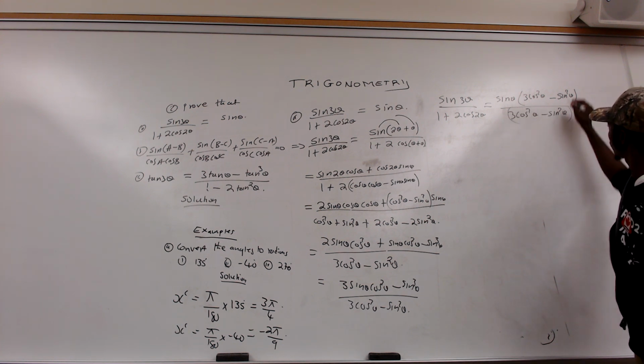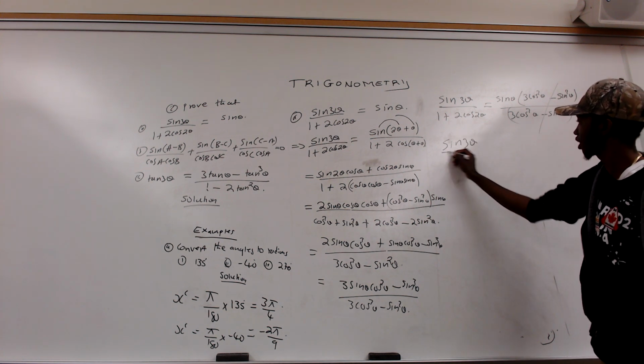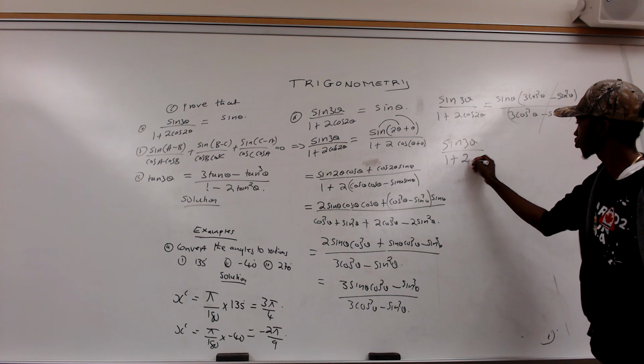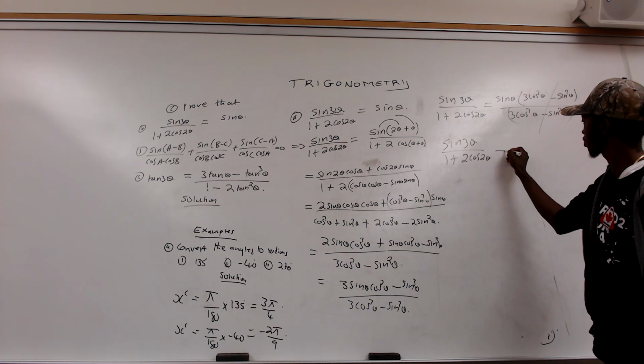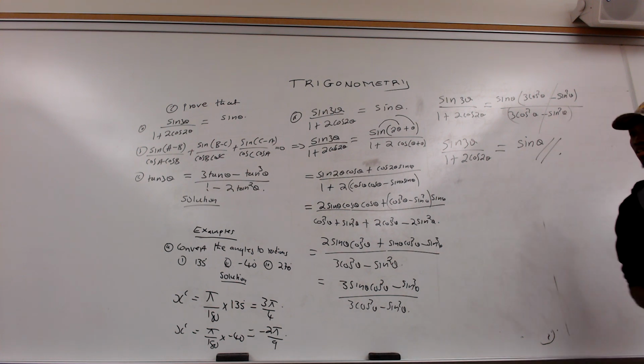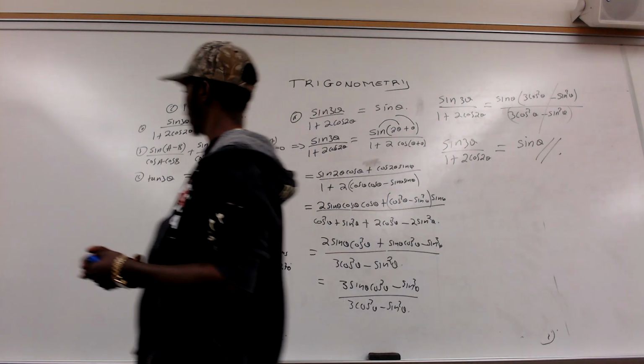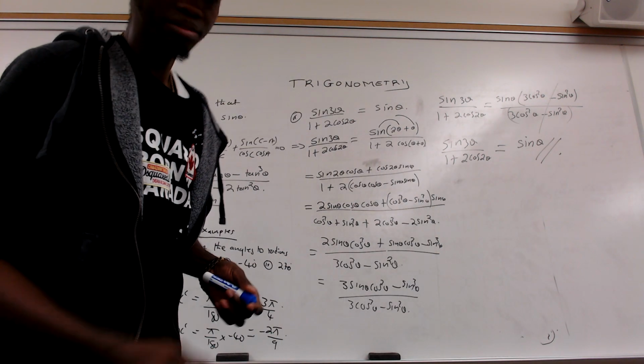So therefore, these two will cancel. So the expression for sine 3 theta divided by 1 plus 2 cos 2 theta is going to be sine theta. You see? So that's the identity.